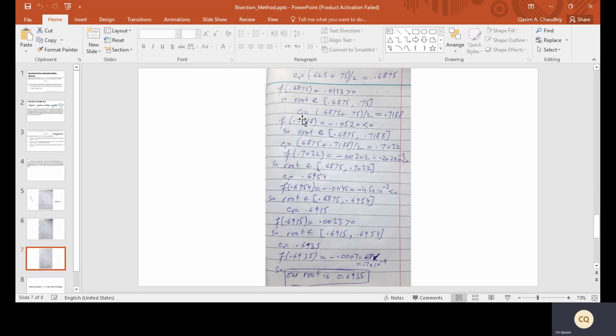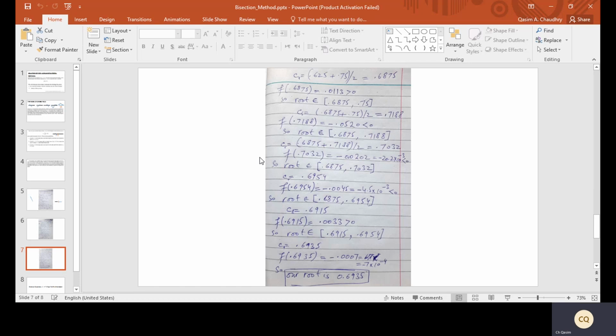Now once again, c5 is equal to 0.7188. Now what is the value of f? f is 0.0520, and this is less than 0, and this was positive. This is negative, this is positive. So root lies between 0.6875 and 0.7188.